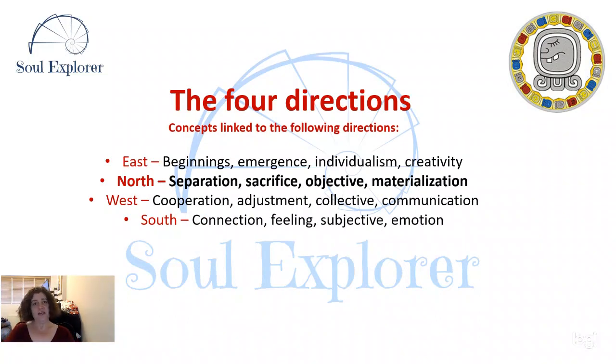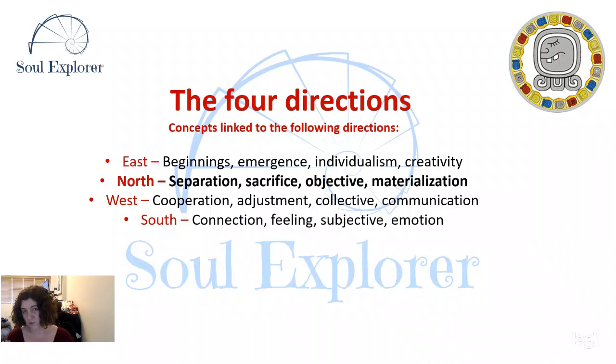Right, so just to let you know, there's 4 directions in the Mayan calendar, and the death or transformation sign, or Cimi, however you want to call it, that we're talking about today, relates to the group of day signs that relate to the north, and that sort of relates to separation and sacrifice, having an objective and bringing things into reality, into materialization.